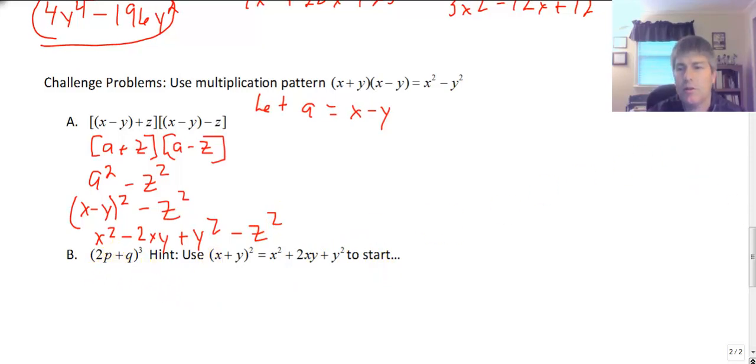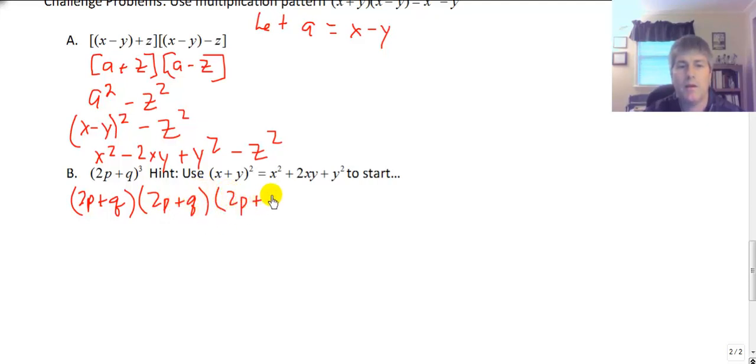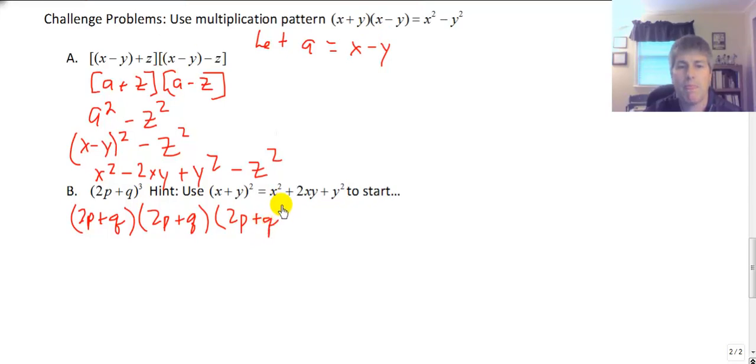And we can do a similar thing with this other challenge problem. 2p plus q quantity cubed, well, that's 2p plus q times 2p plus q times 2p plus q. 3 factors of the binomial 2p plus q. Well, 2p plus q quantity squared is these 2 factors here.